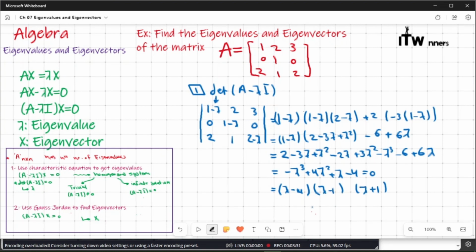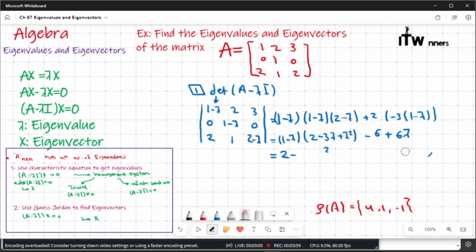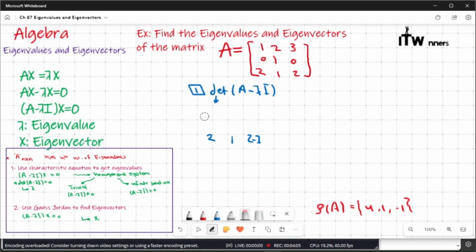Okay, so lambda, or the spectrum of A, will be the set of 4, 1, negative 1. Okay, so to the next step, to get eigenvectors by using Gauss Jordan.